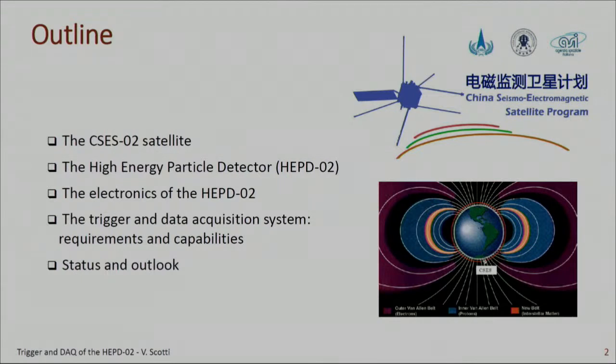And then I'll move on to the high energy particle detector, which will be hosted on board this satellite. I'll focus my talk on the electronics and in particular on the trigger and data acquisition, trying to give you an overview of the requirements and of the capabilities of the system. I will conclude with the current status of the development and the outlook for the launch.